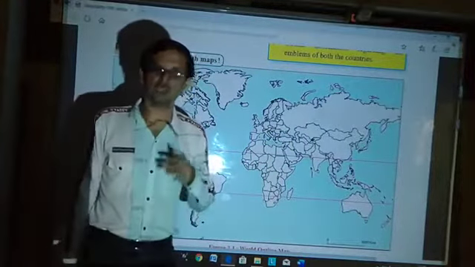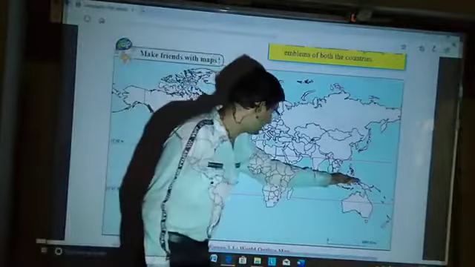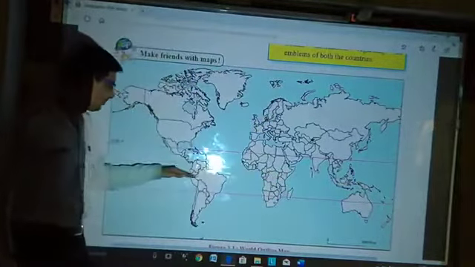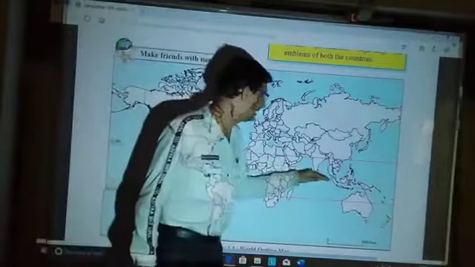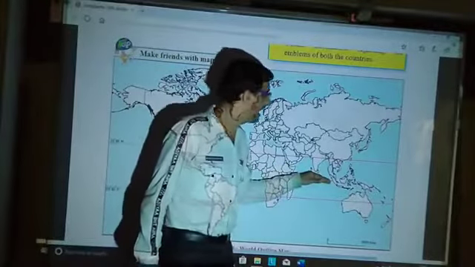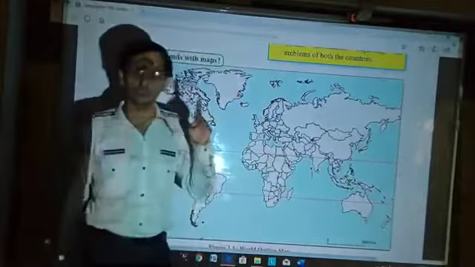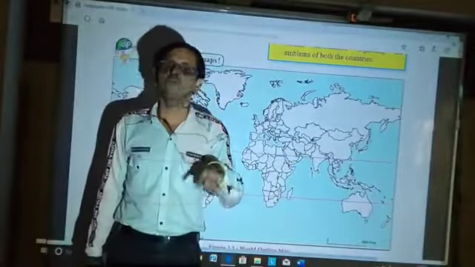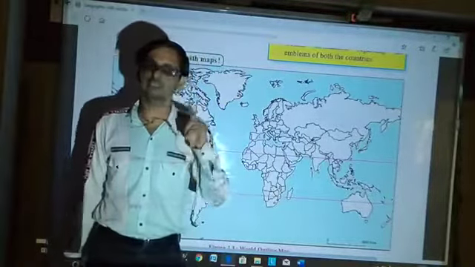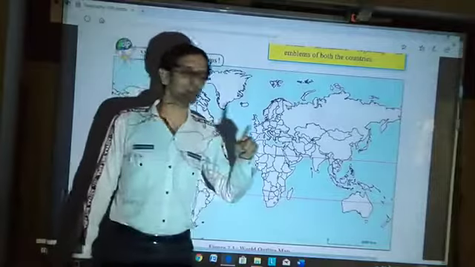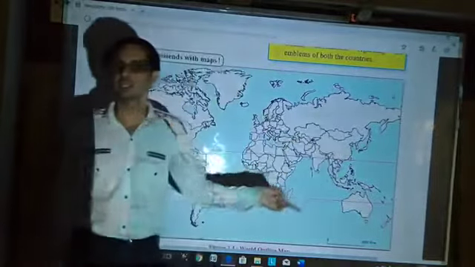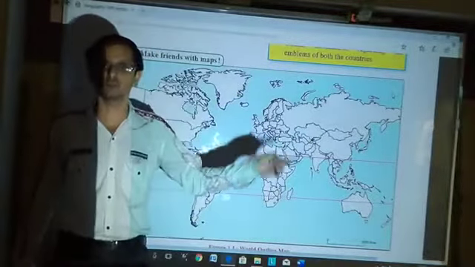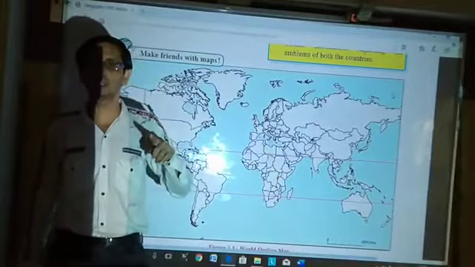Because the imaginary line of the equator passes from this area, so obviously our country India lies above it. As I already told you, any country which lies above the equator is known as a northern hemispheric country.